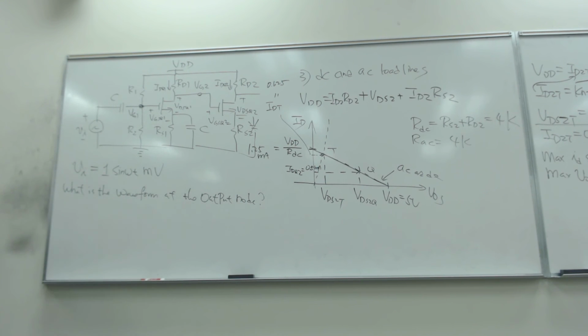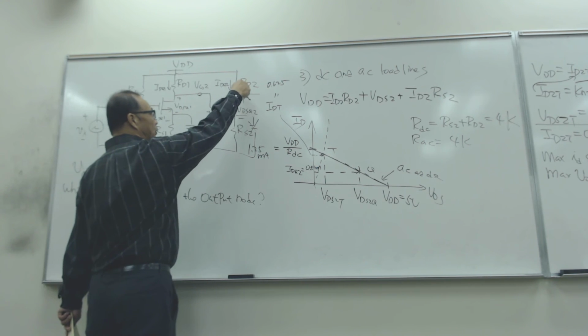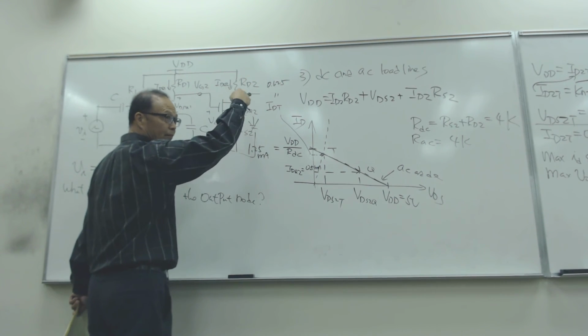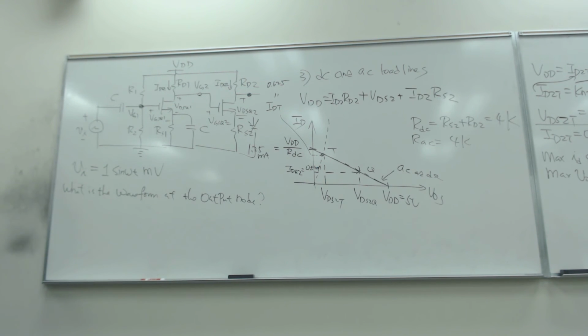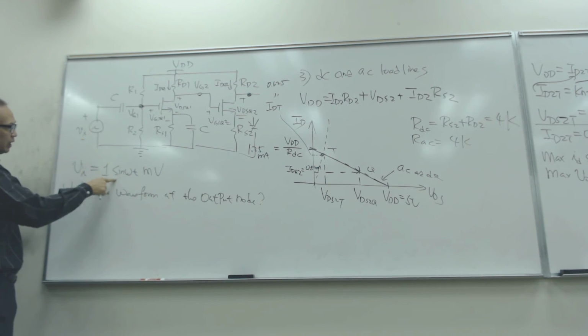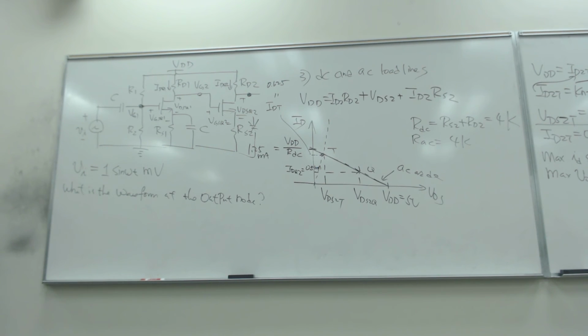This is something you should know as well. So we are talking about if you have a voltage probe right here, right? What is the waveform you should expect? And it is the input signal you put to the amplifier.